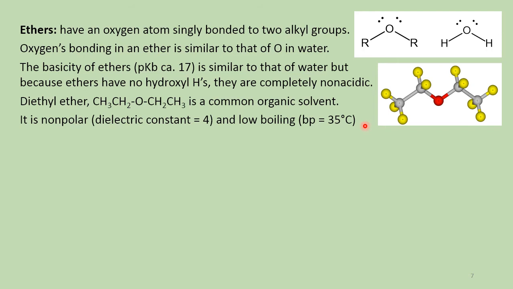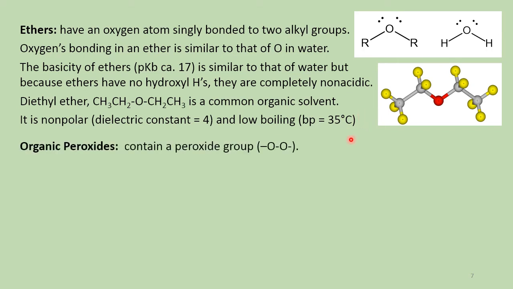So you can use ethers to extract organics out of water. The ether will separate from water in a separatory funnel. Being less dense, it's the upper layer. You can then separate the two layers, take the ether layer, dry it, and then evaporate off the ether relatively quickly. The boiling point is 35, and recover your product.